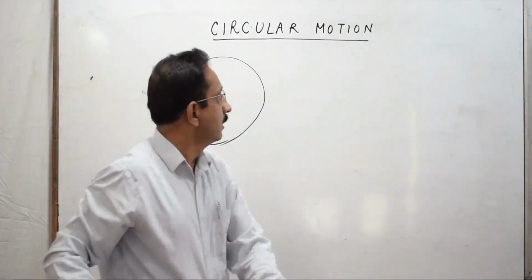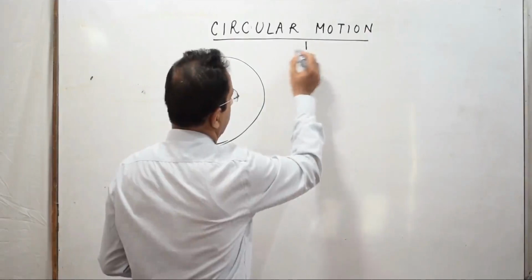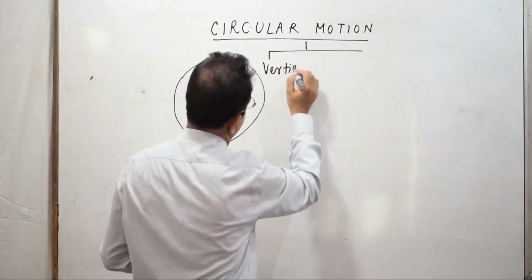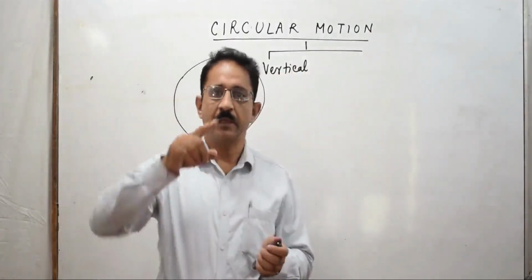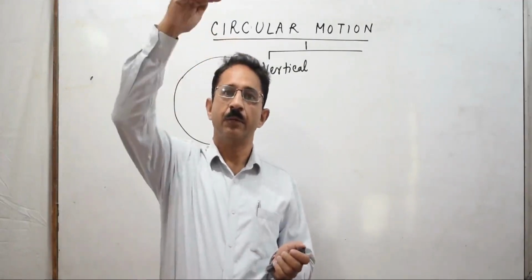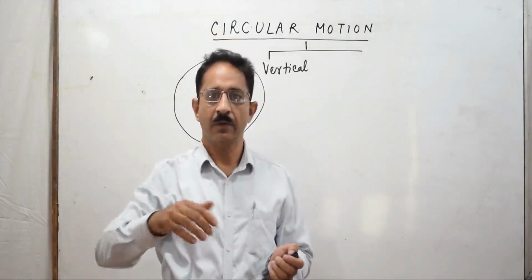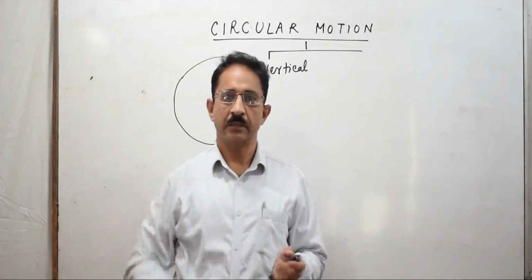Now in this case, there are two possibilities. We can have a circle which is vertical. Vertical would mean that standing on the ground, if I take an object and move it in this manner so that at one point it has a higher height compared to the ground and at a point it has a lower height, we call it a vertical circle.